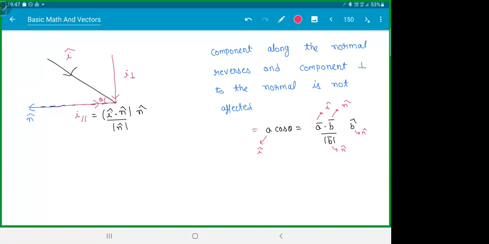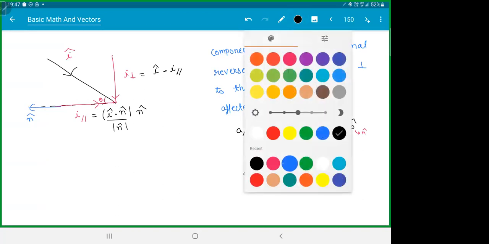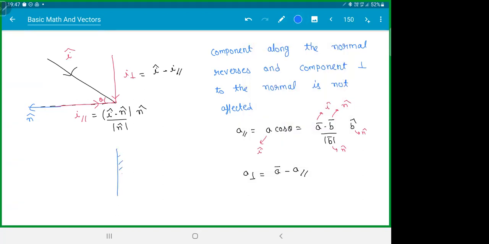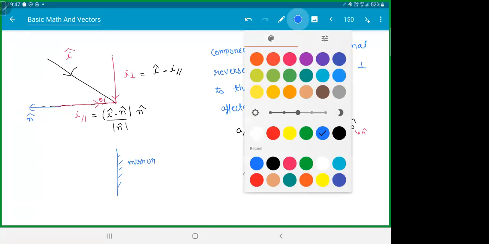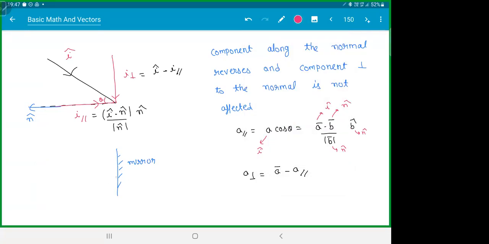So this is the parallel component. What is the perpendicular component? A bar minus A parallel component. So here the I perpendicular is nothing but the vector I minus I parallel. Now after hitting the mirror, what happens? The reflected ray is going this way.